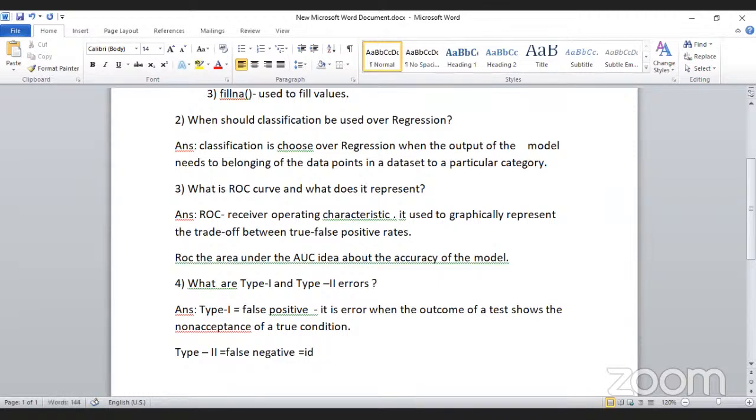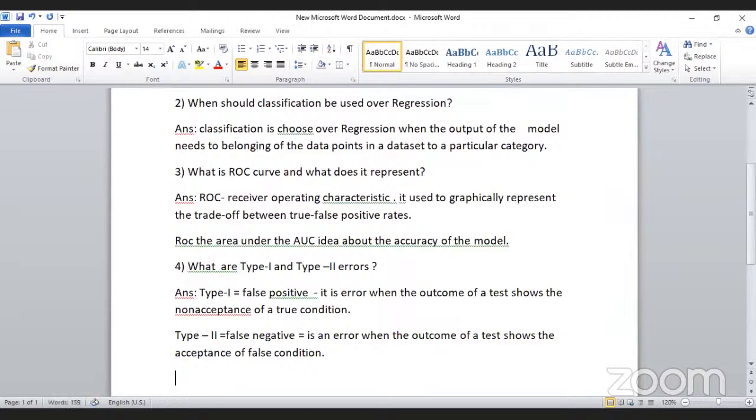It is an error when the outcome of a test shows the acceptance of a false condition. Okay. Type 2 is false negative.